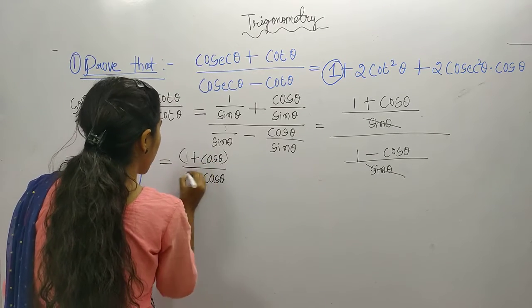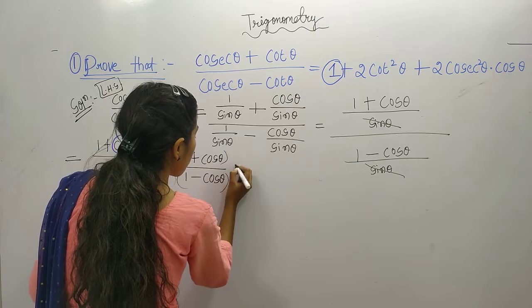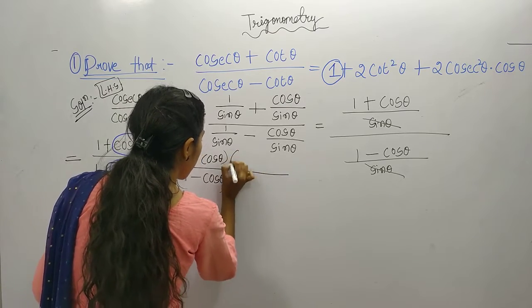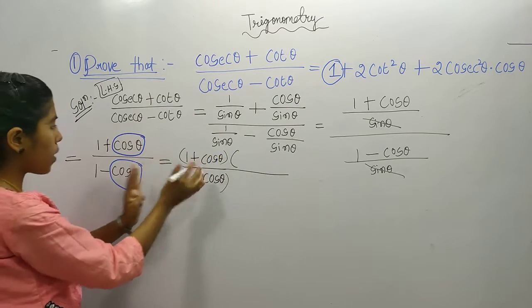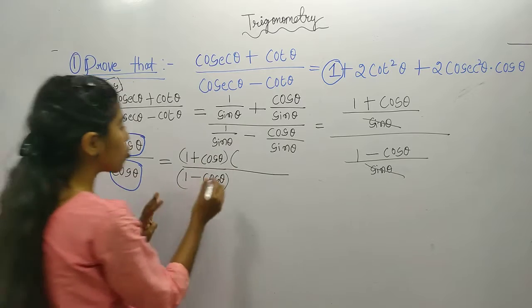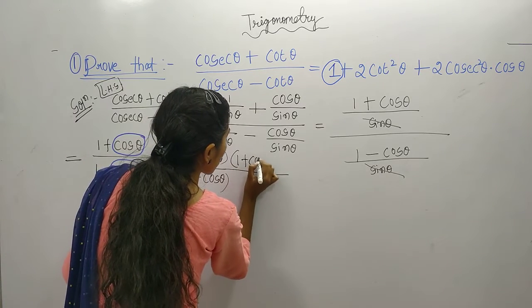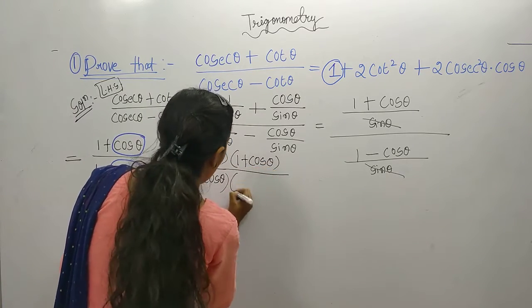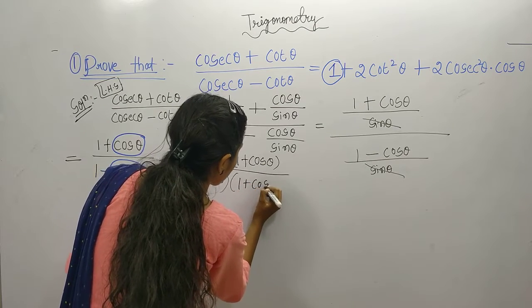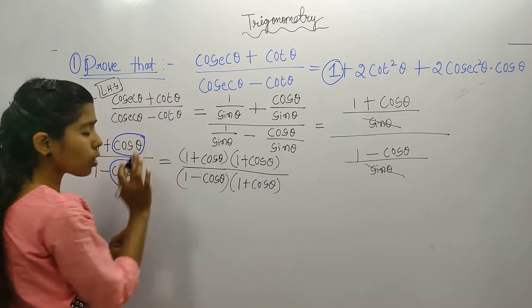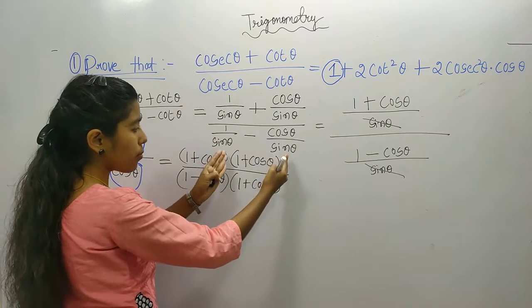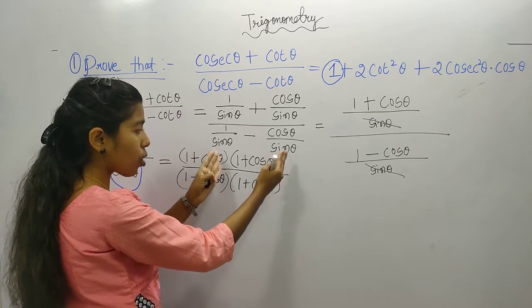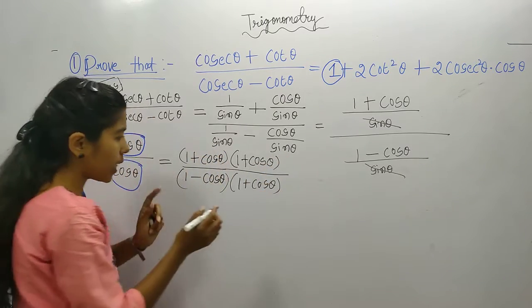Next you will multiply the same expression that is in the numerator, 1 plus cos theta, and divide by it. So we have multiplied 1 plus cos theta and we have divided it.